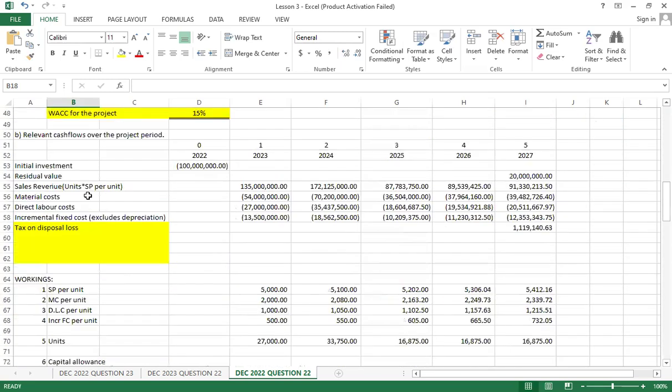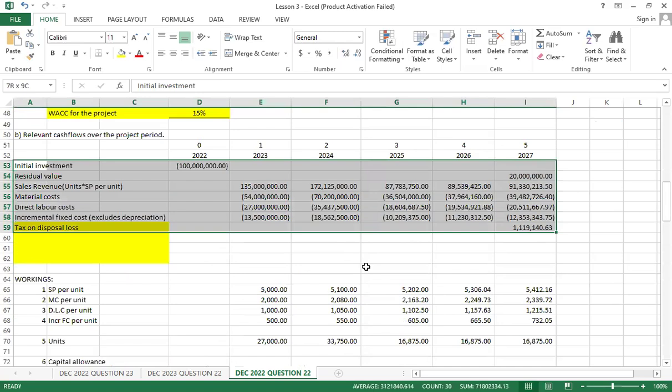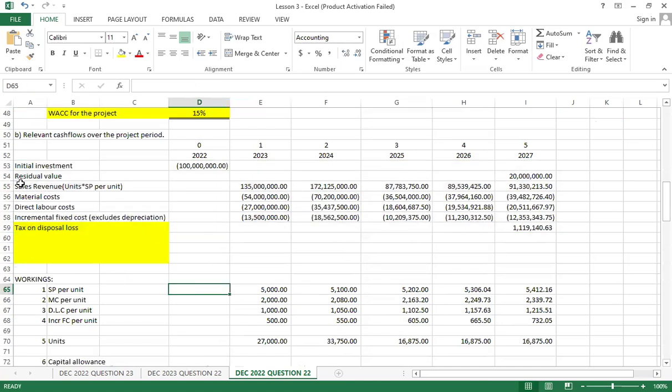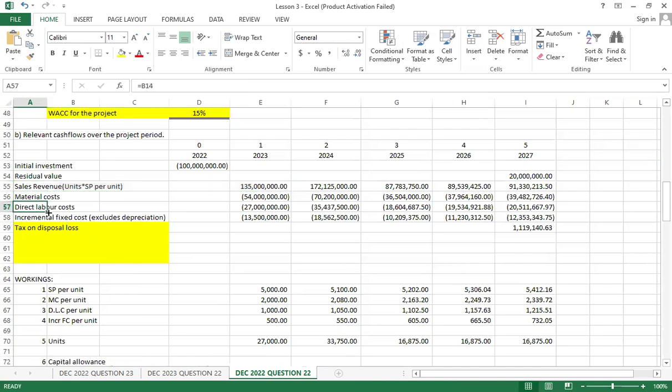When we come to these relevant cash flows, one of the cash flows we have is the sales revenue. And sales revenue means that you are doing business. And actually, the sales revenue has the associated cost of sales, including material cost, the labor, and then the incremental fixed costs.